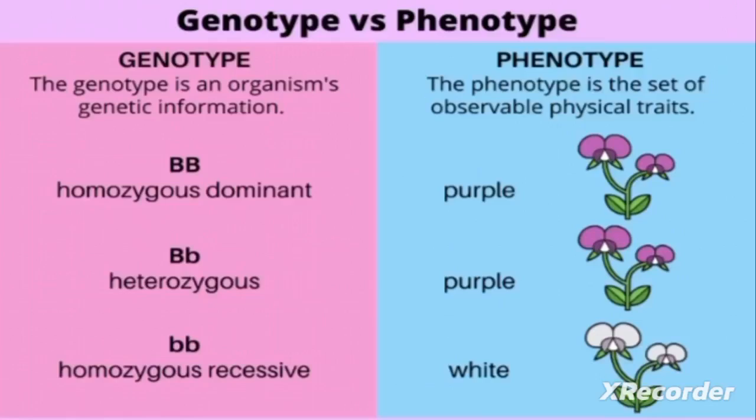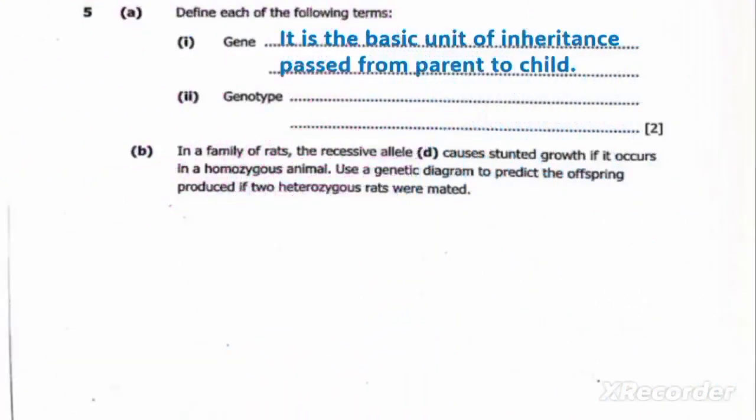Phenotype is something that we can see with our naked eyes. Genotype is a genetic makeup that we cannot see easily unless we do some proper assessment. So therefore, we are going to say it is the genetic makeup of an organism.